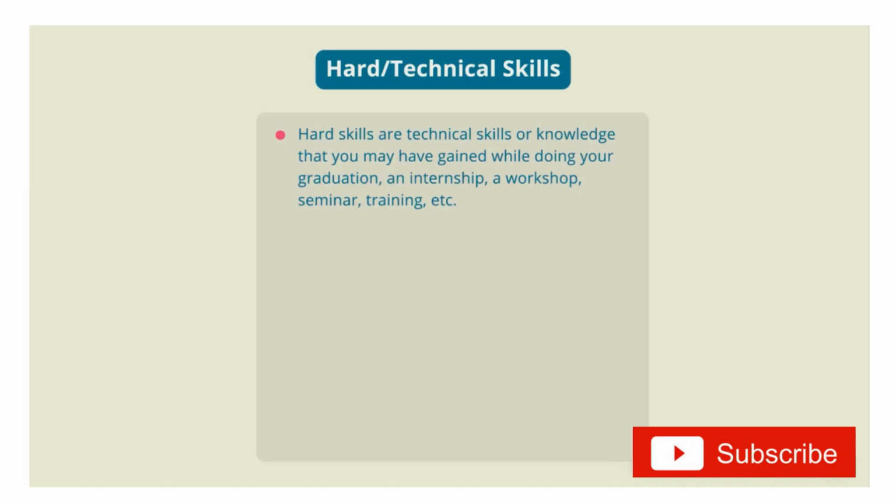Now, a lot of the students think that only candidates from an engineering background would have technical skills, which is not true. Students from a non-engineering background may also possess technical skills. Let's understand this better with examples. A good example of hard skills for students from a technical background could be any programming languages or softwares such as Java, Android, etc. that they may have learned during their education or any professional training course.